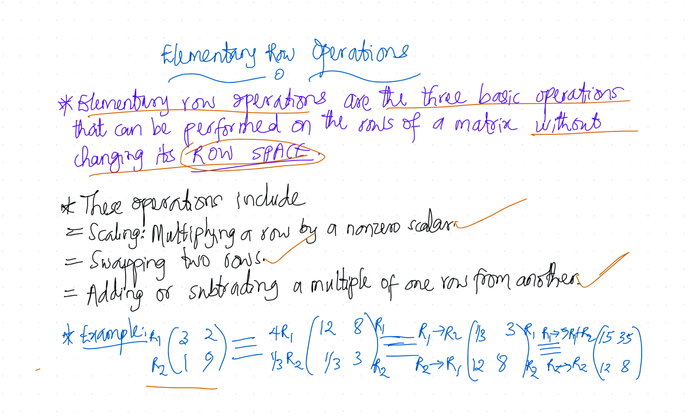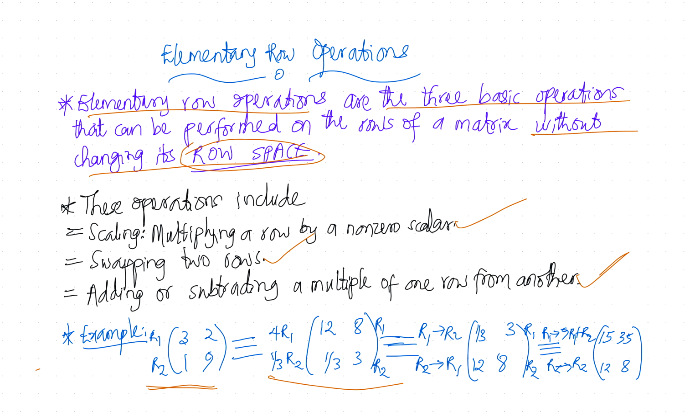Okay, so let's look at this example: a 2x2 matrix with row 1 being 3, 2, and row 2 being 1, 9. The first thing I'm doing here is to scale each of the rows. By multiplying the first row by 4, it's more like I am increasing it, stretching it out. By multiplying by 1/3, it's like I'm compressing it, so to speak.